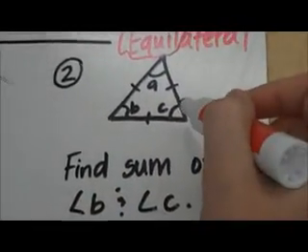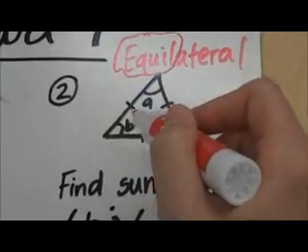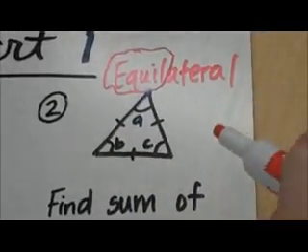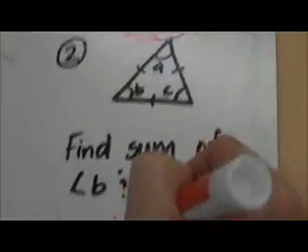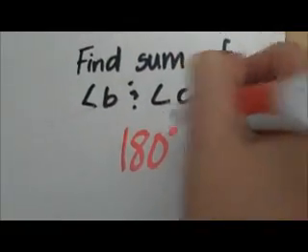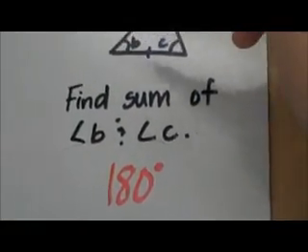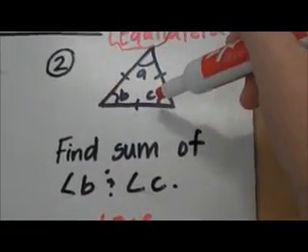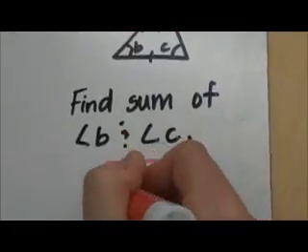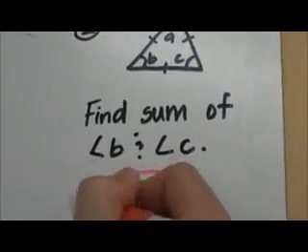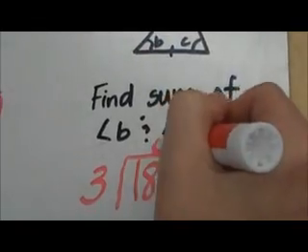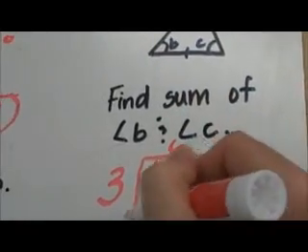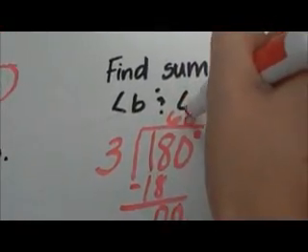What do we know about the sum of all three angles in a triangle? It has to be 180 degrees. If I have three equal angle measures, then I can take 180 and divide it by 3. We know 3 goes into 18 6 times, then 0, 0.